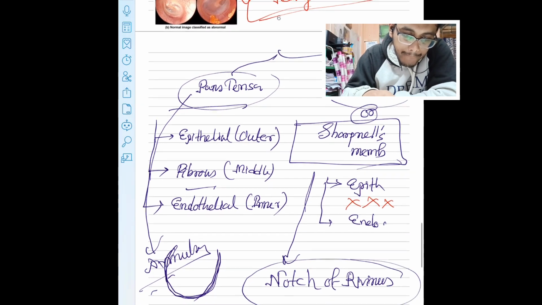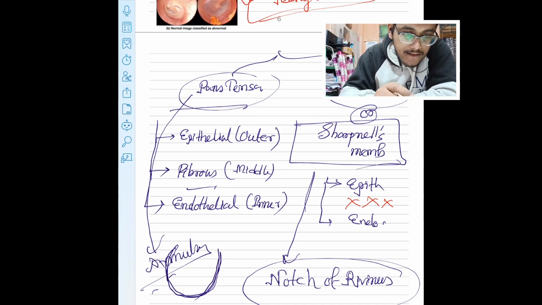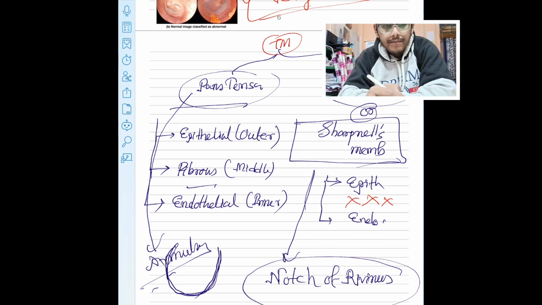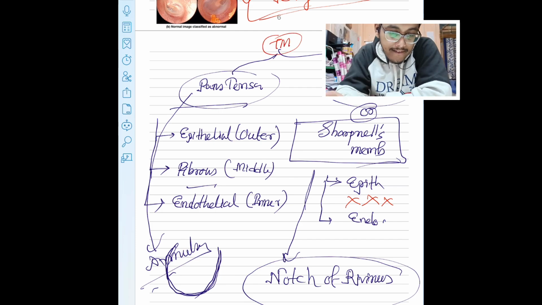As already discussed, the tympanic membrane has two components, pars tensa and pars flaccida. Pars flaccida is also known as Shrapnell's membrane. Why is pars tensa called pars tensa?